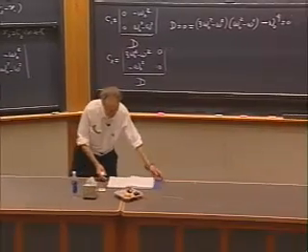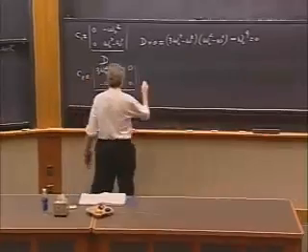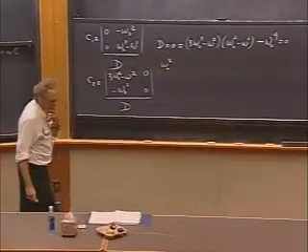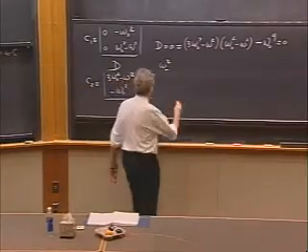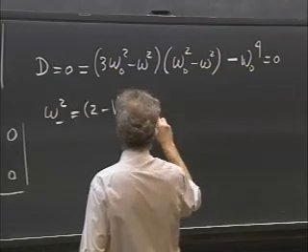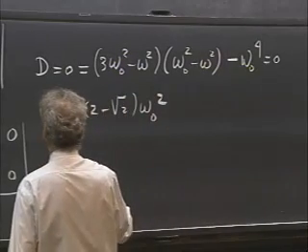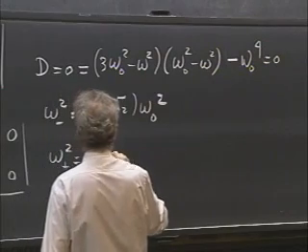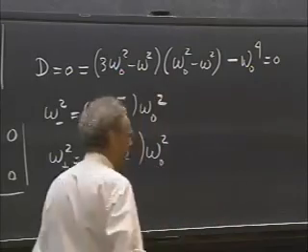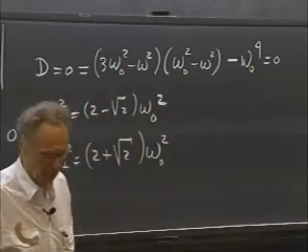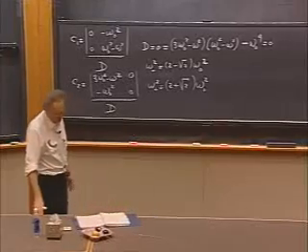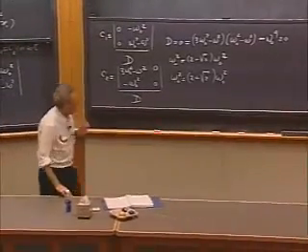And out comes then that omega minus squared, which is the lowest frequency of the two, is 2 minus the square root of 2 times omega 0 squared, and omega plus squared is 2 plus the square root of 2 times omega 0 squared. So this step for you will take you no more than maybe half a minute.